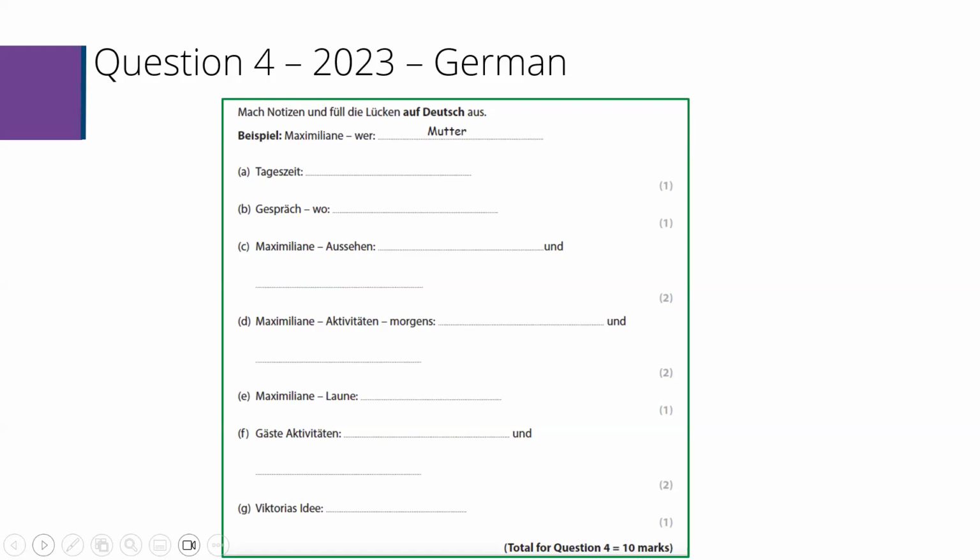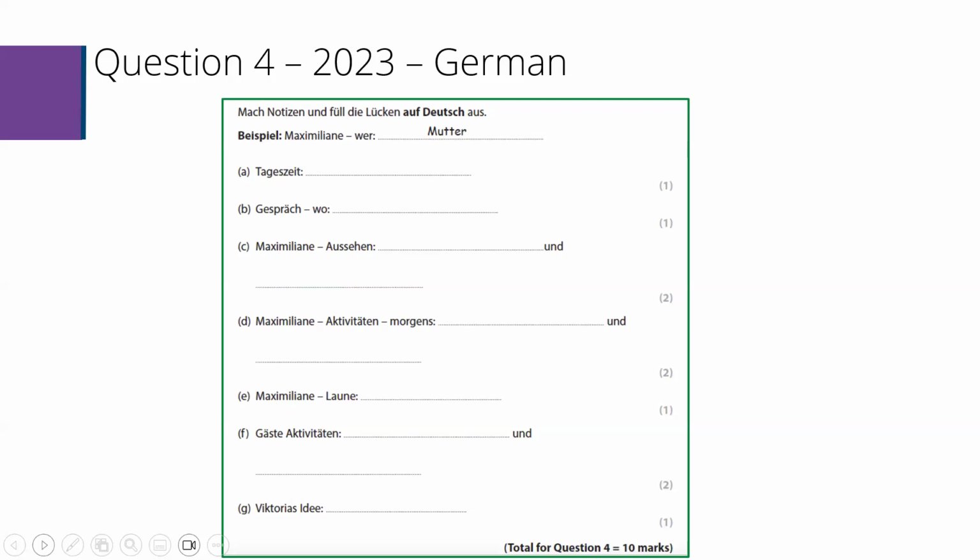And so we notice that we've got those headings in G, Victoria's idea. And so we just want a very, very short response to that in note form. Again, the quality of the written language is not marked for accuracy here. So provided it's understandable, comprehensible, that's absolutely fine.